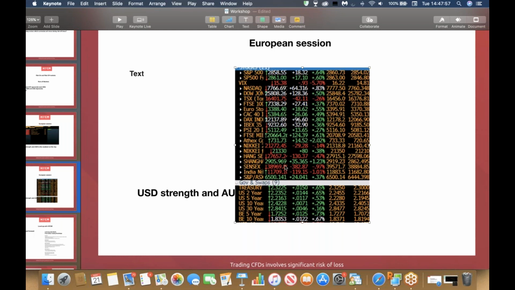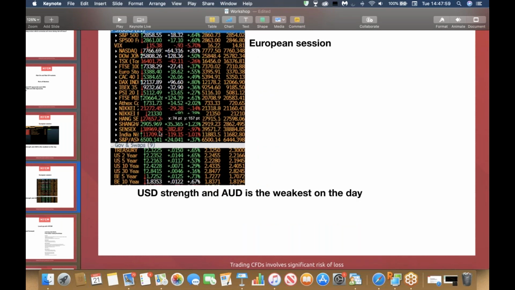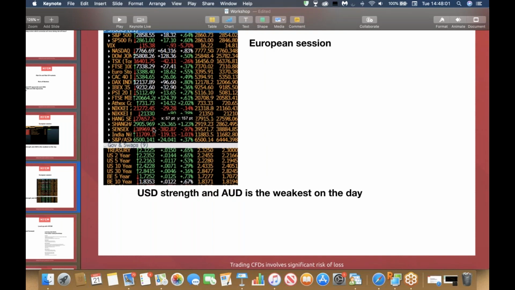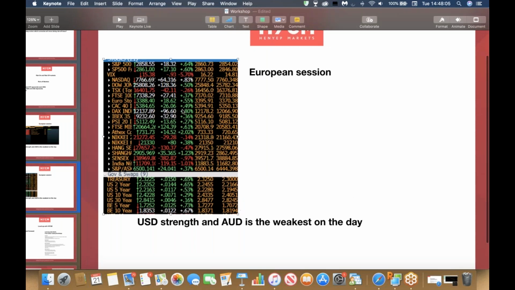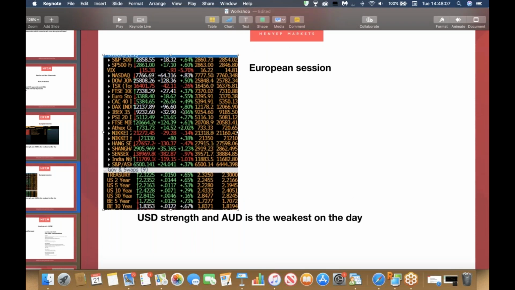So risk is recovering slightly, but very sensitive. As I said, I'm not thinking that this is the end of risk at all. This is just a minor pullback on the risk sentiment, as the US-China trade war is still going on badly.